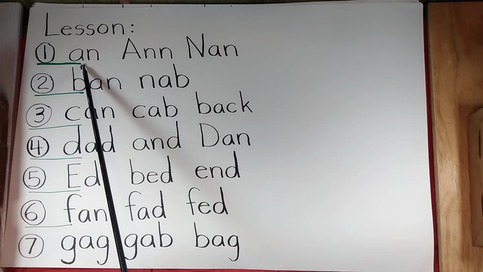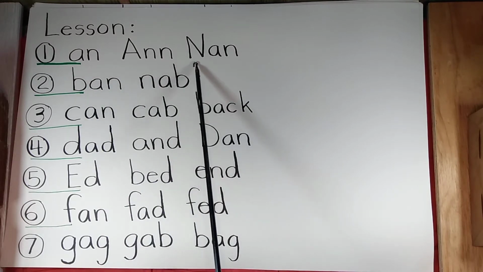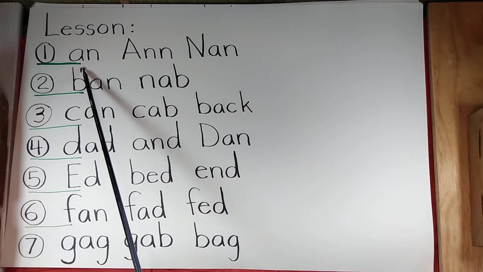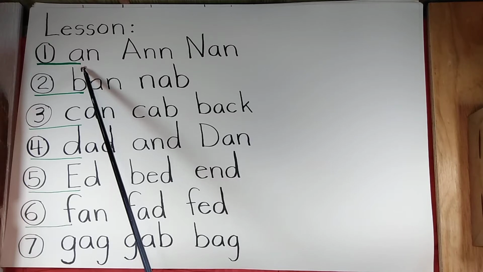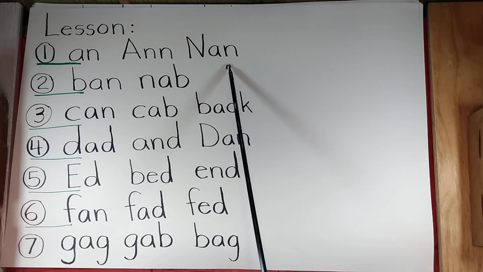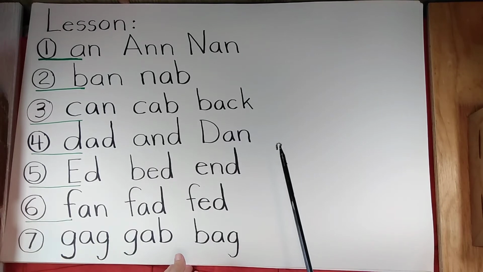Now, when I read these, I'm going to pause just for a short time between words. And if you've got a student that is a pretty good reader, they may be able to say these words before I read them. However, most students will probably need more time.